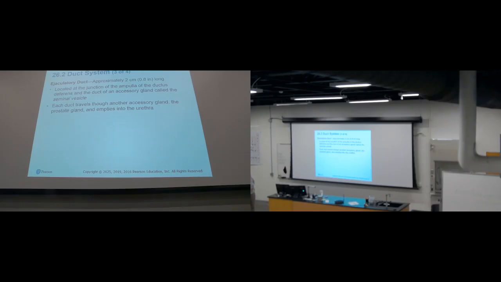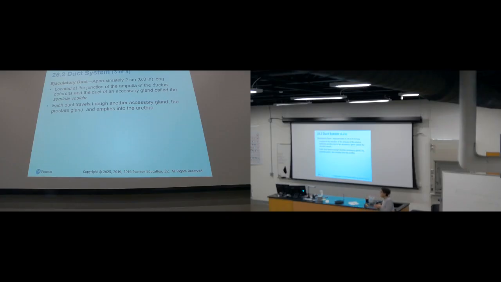Now the ejaculatory duct, which is a tiny region that measures 0.8 inches or 2 centimeters in length, is where the sperm cells enter from the ampulla of the ductus deferens together with fluid from the seminal vesicles and the prostate gland.